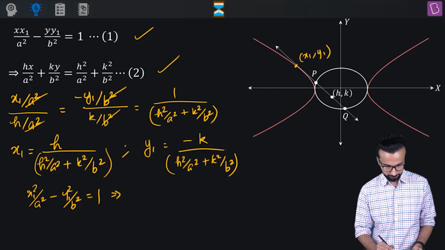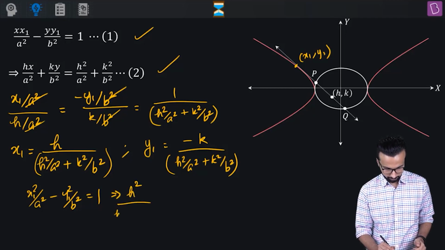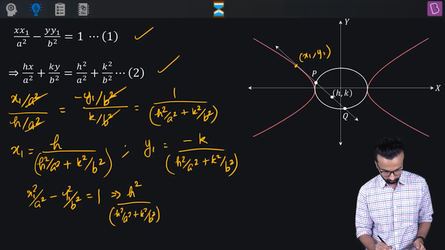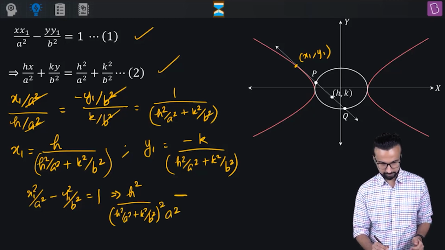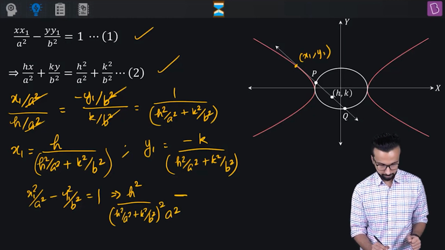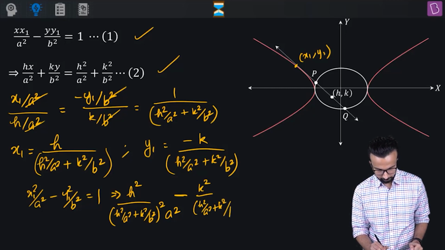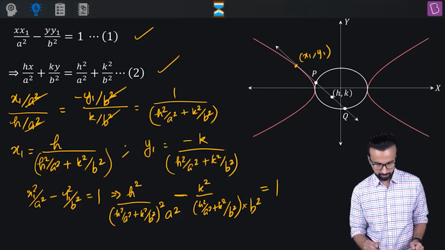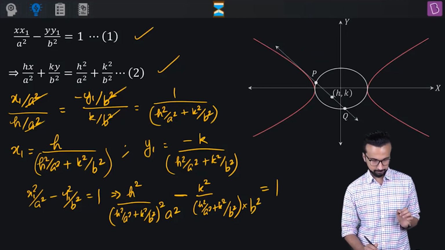This becomes h square by a square plus k square by b square, the whole square, divided by a square, minus y1 square, which is k square by h square by a square plus k square by b square, the whole square, into b square, equal to 1 here. Okay, so we have this equation with us.